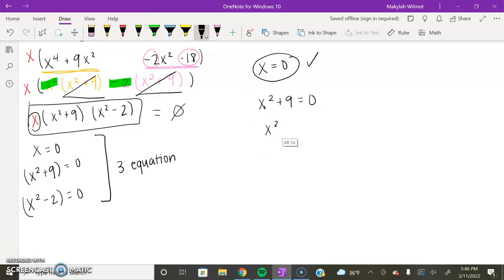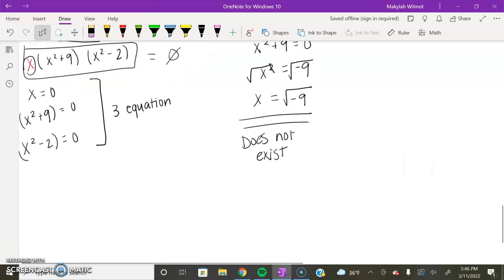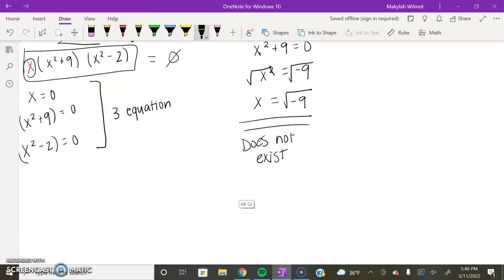So that's x squared equals negative 9. Then you take the square root to get rid of that. This does not exist. And we can think about our multiplication rules. We know a square number equals a number n times n.